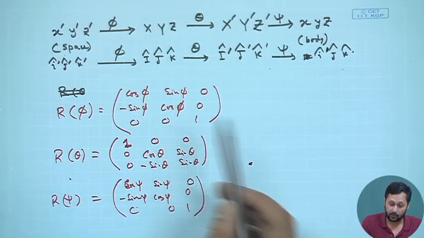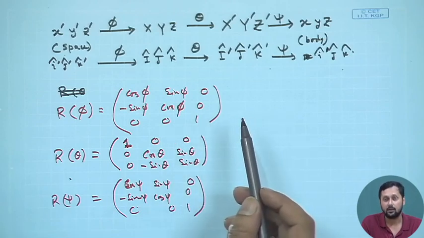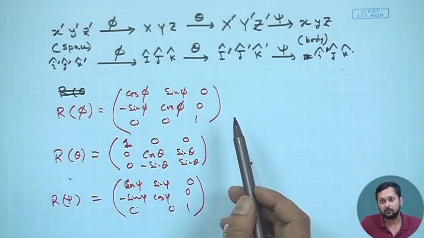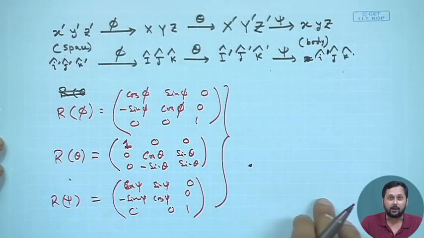Please remember these are passive rotations, because the coordinate system itself is moving. Can we call it passive? Yes, we can call it passive rotations. Anyway, now what to do with these matrices?